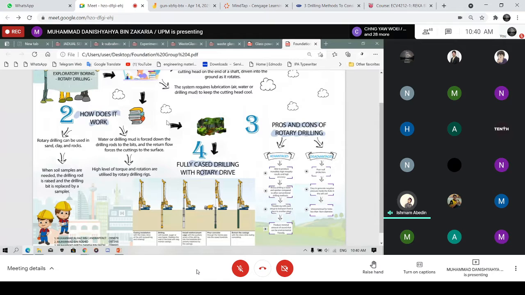I have a question: is the rotary drilling method used for deep foundations, or very deep foundations? Who wants to answer that? Can the group repeat the question, please?